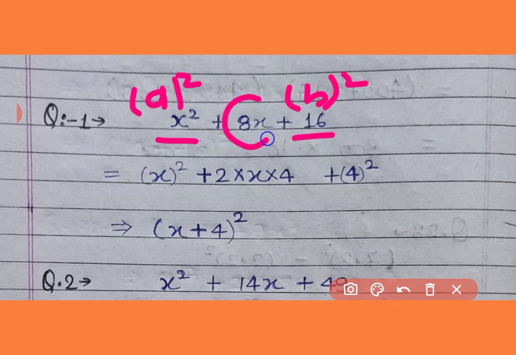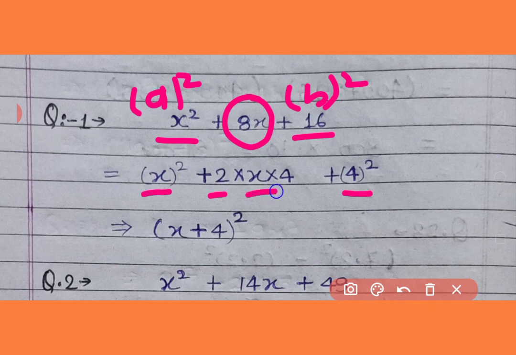Here the middle term should be a multiple of 2ab. Now we will break it into the form of 2 into a into b. So a is x and b is 4 because 16 is the square of 4.